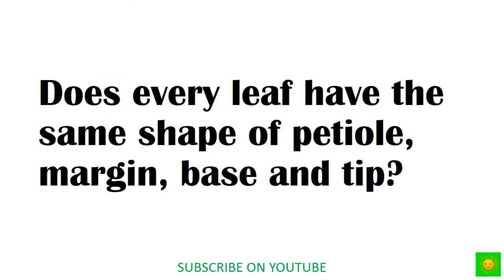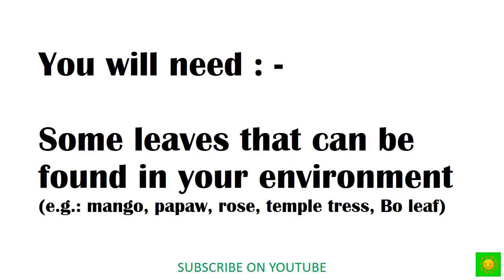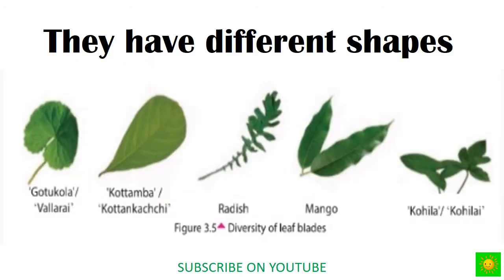Does every leaf have the same shape of the petiole, margin, base or tip? So let's do this activity to identify them. You will need some leaves that can be found in your environment like mango, papaw, rose, temple trees, bow leaf. When you observe the blades of these leaves, you will understand that they have different shapes.